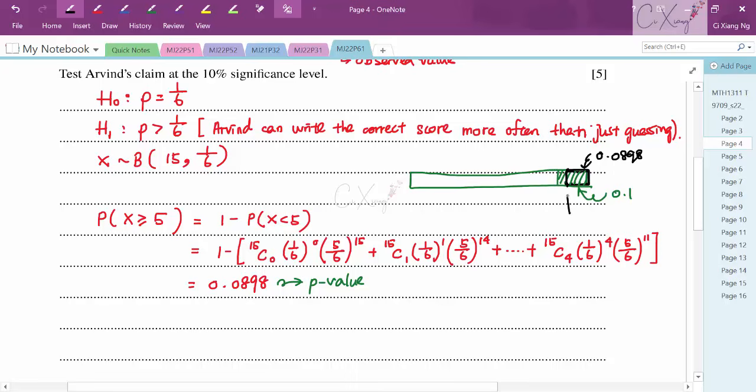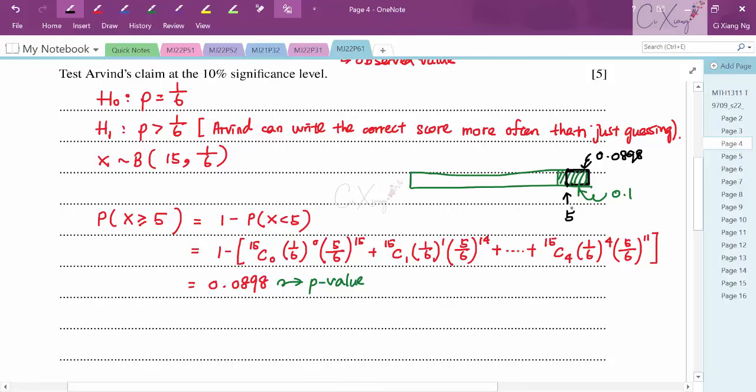You can see that this particular value here is 5, x equals 5. This value of 5 falls under the rejection region, because, as I told you, for this green color, the whole area is the rejection region. And the area that I calculated is smaller than the rejection region, so the whole area lies under the rejection region.